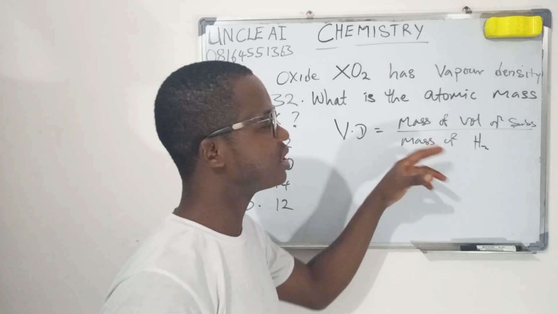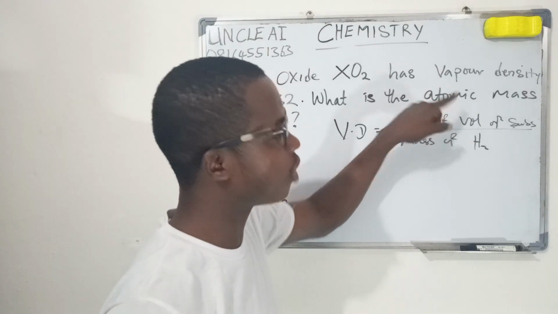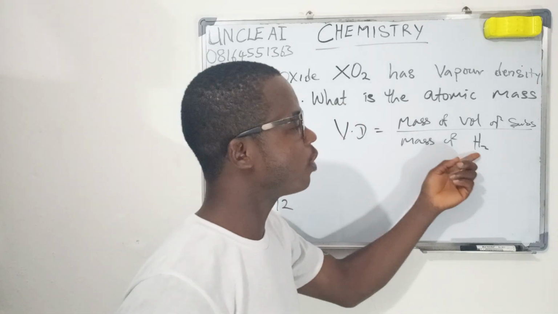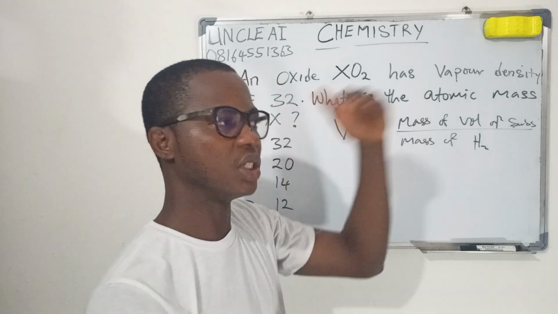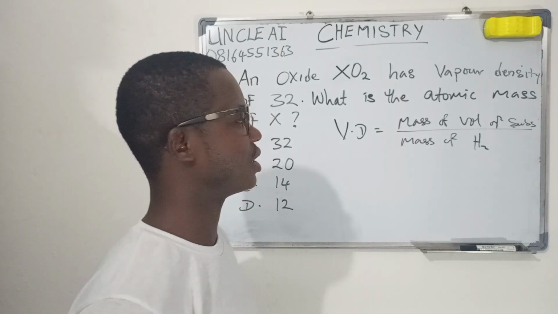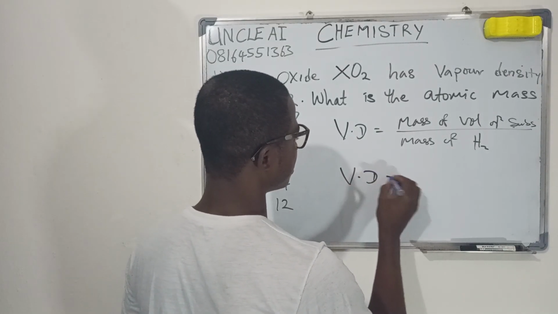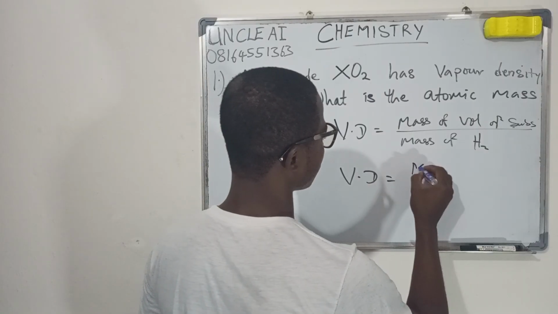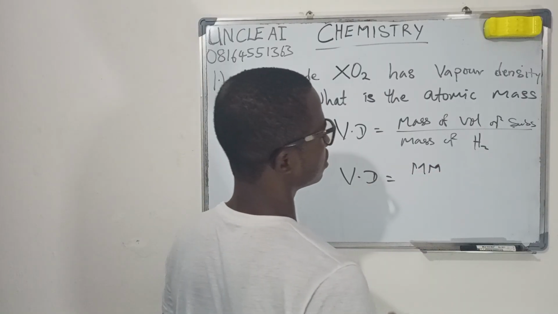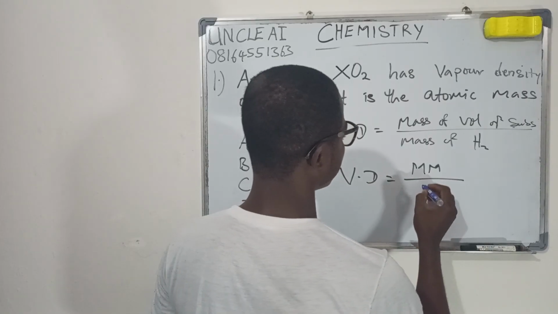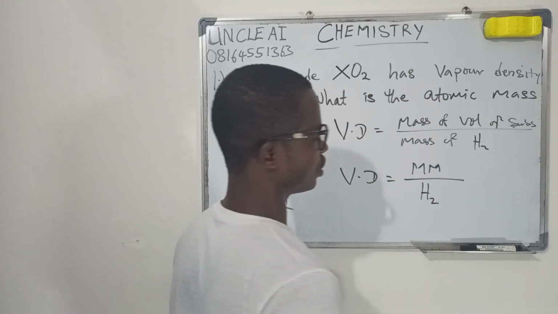Then the mass of the equal volume of hydrogen will be used to determine its vapor density. Now, we can deduce that vapor density is equal to mass of the substance, that's the molecular mass of the substance, divided by the mass of hydrogen.